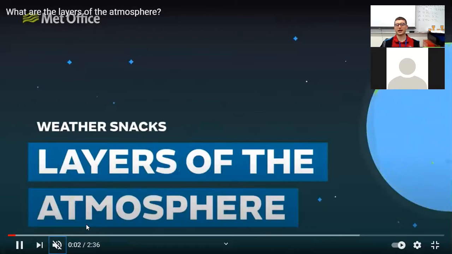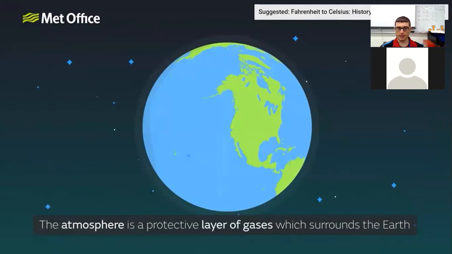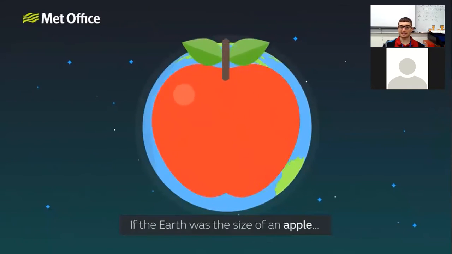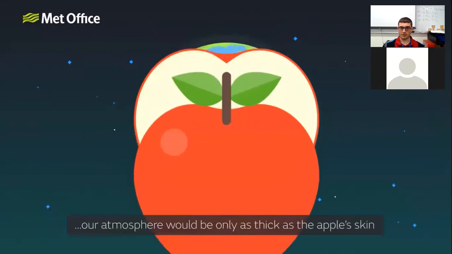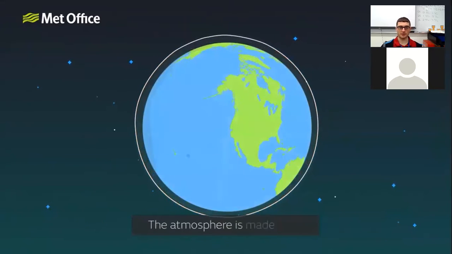Okay, so layers of the atmosphere. It has many protective gases surrounding it, but those gases are very thin, like the skin of an apple. So that's how thin the atmosphere layer is. Sensitive and thin, right?